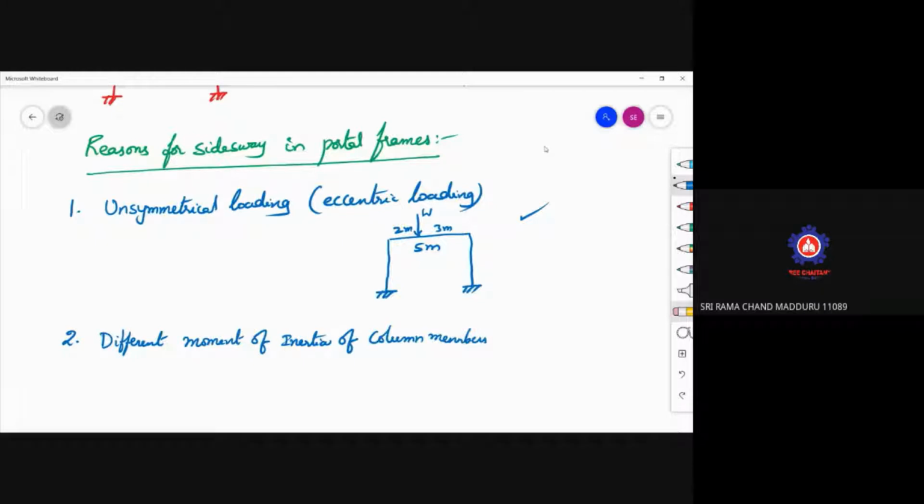So when you consider a portal frame, here the moment of inertia of this section is 2I and this is I, that will also lead to sway in the structure. So different moment of inertia, in other words, you can also call it non-uniform sections. That is, the dimensions of the section are different, particularly for the columns only. The sway is particularly for columns only. That will also affect the side sway in portal frames.